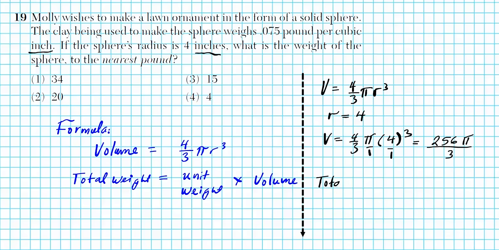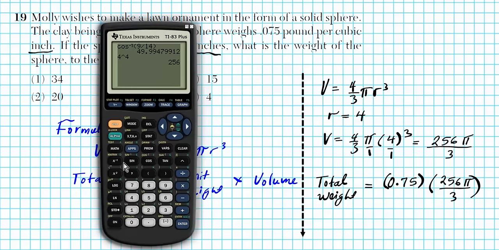So the actual weight is going to be the unit weight, 0.75, multiplied by the volume, 256 pi divided by 3. We are going to need our calculators to compute the value of this product.